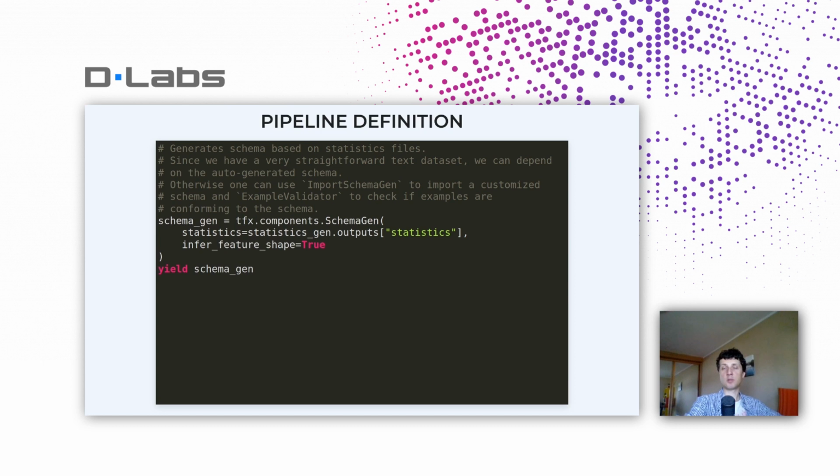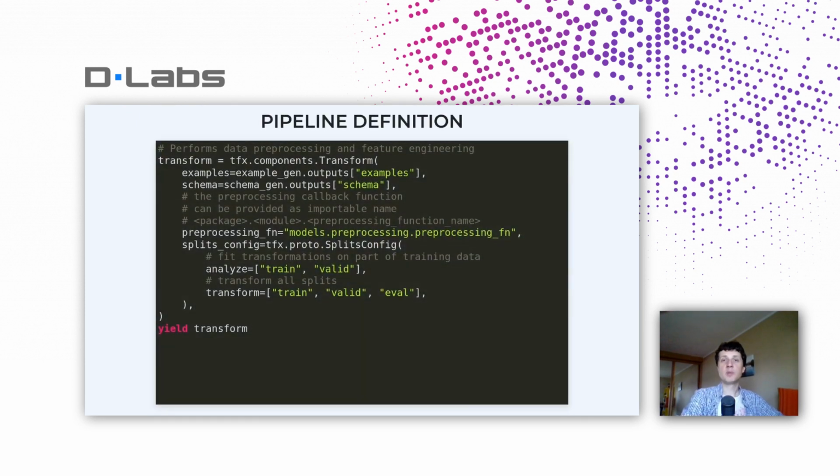It's going to figure out that the label is actually an enumeration, so we don't have to adjust the schema in any way. If we had such a need, then there's an import schema gen component that is able to import a customized schema that you customize by hand and usually keep together with your source code.